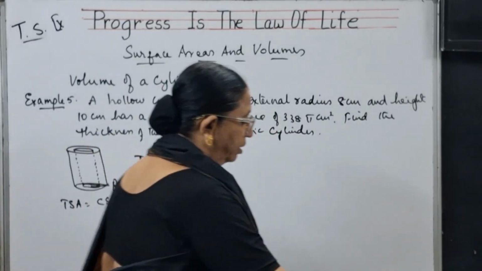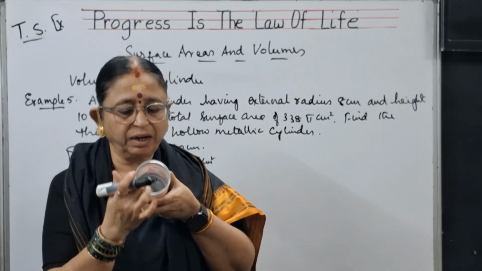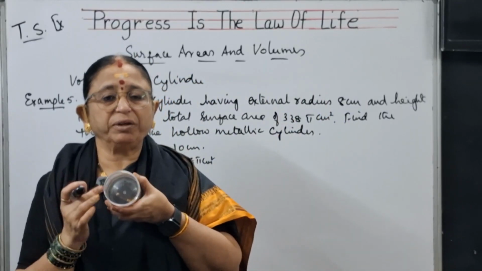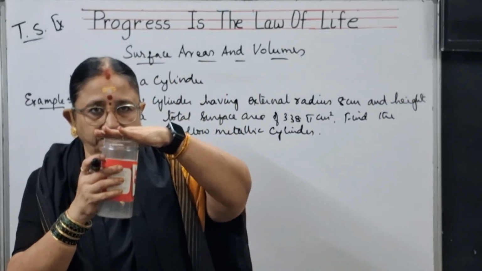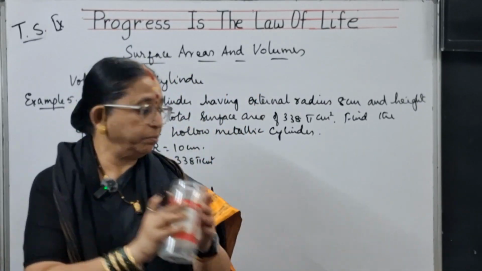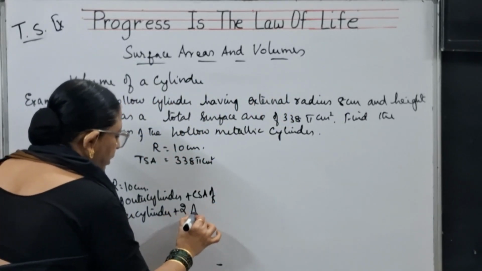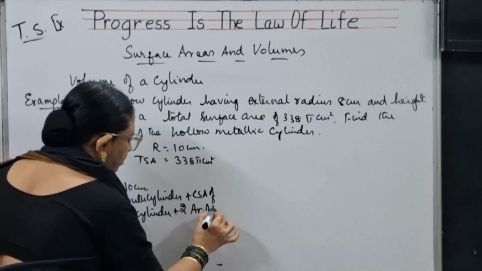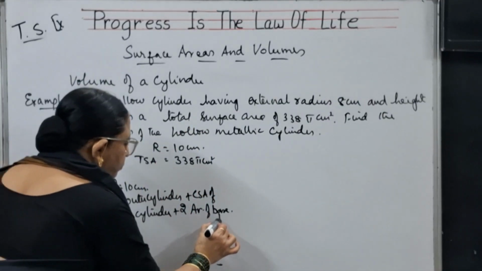See here children, this is like the internal radius circle, and with the outer circle it becomes the shape of a ring. So how many are there? One is at the top, one is at the bottom. That means 2 times the area of the base. Base means what?